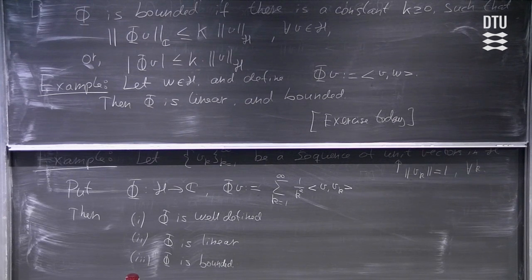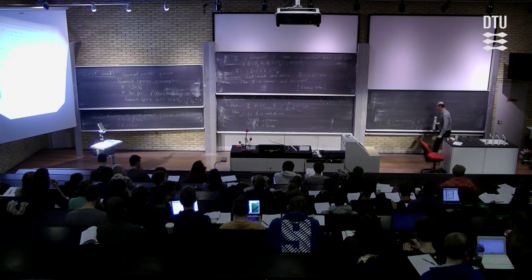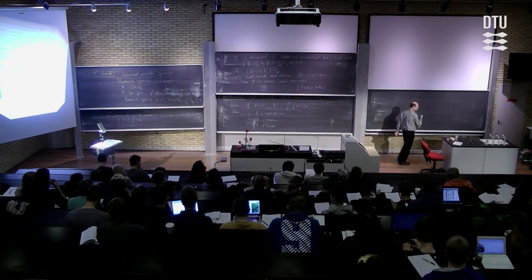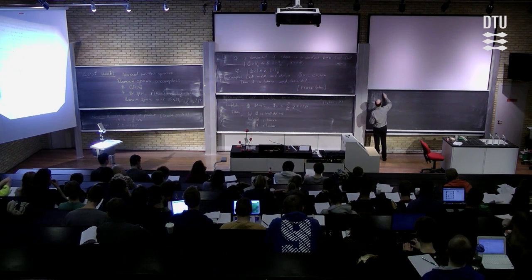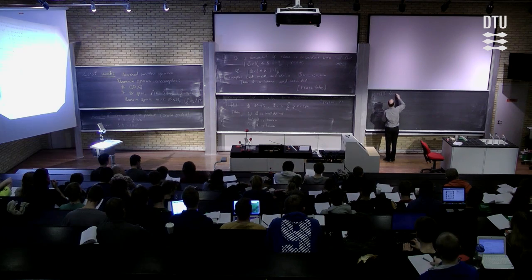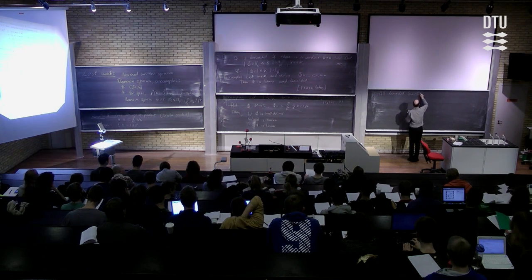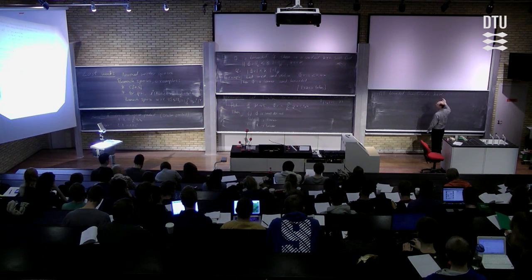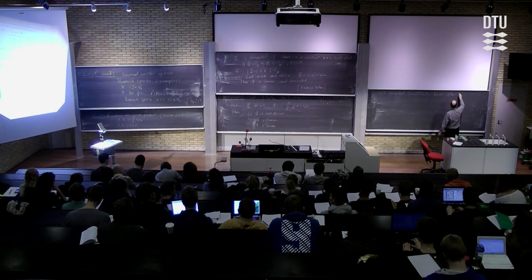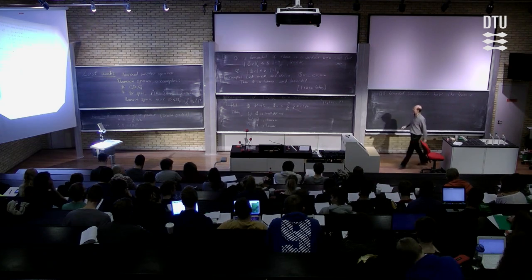But actually, it is a quite complicated statement, and it's a very complicated proof, so we will not give the proof of that statement. But what it actually says is that all bounded functionals actually have the form, and did I give it a number?